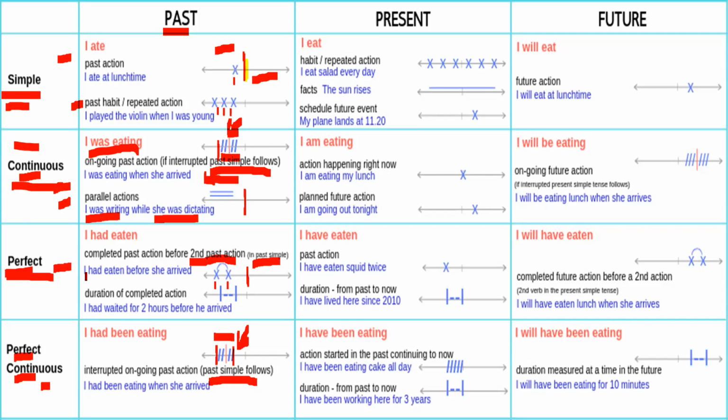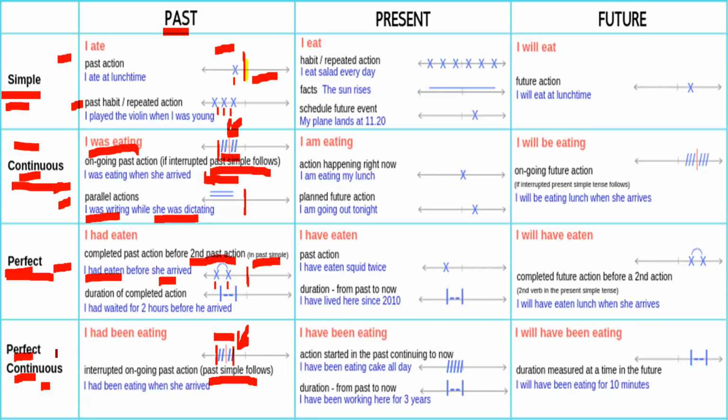Like, I had eaten before she arrived. I had eaten, this is the first event that happened. I ate firstly, then she arrived. This is the next action and written in past simple.